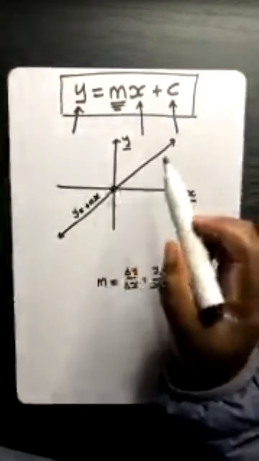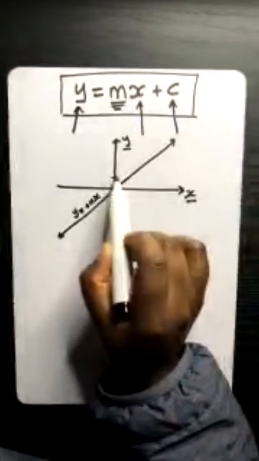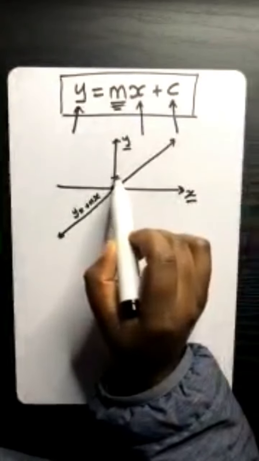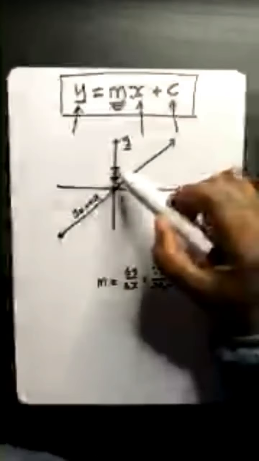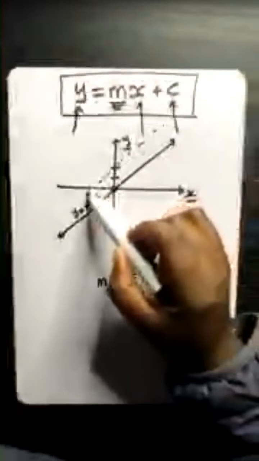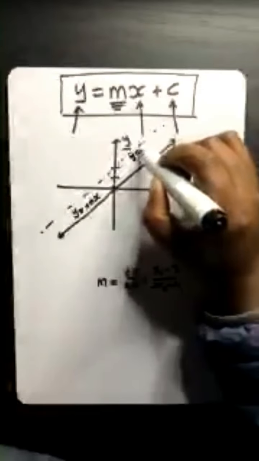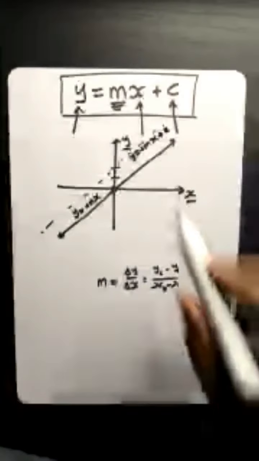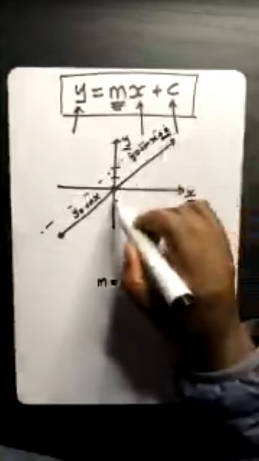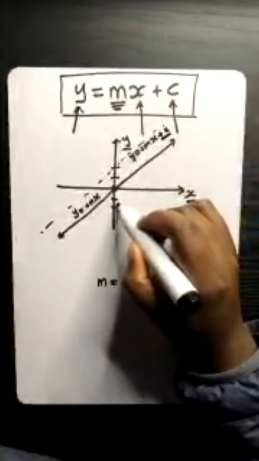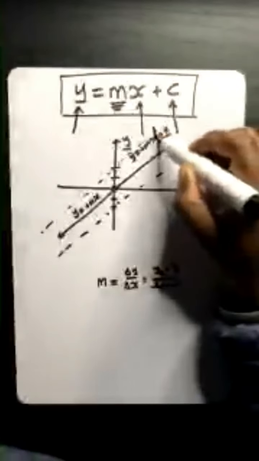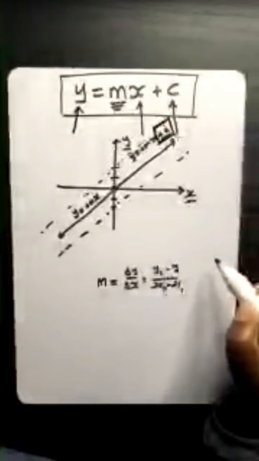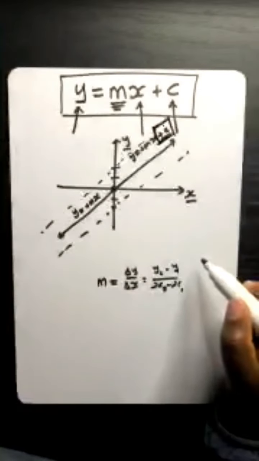But the moment we shift this function, let's say by 2 units upwards, it is now going to be cutting through that point. So this is therefore going to be y equals positive mx plus 2. If it's negative 2, it means it has been shifted downwards by 2 units. Negative means down, positive means up. So the c value on a straight line tells us about the vertical shift.